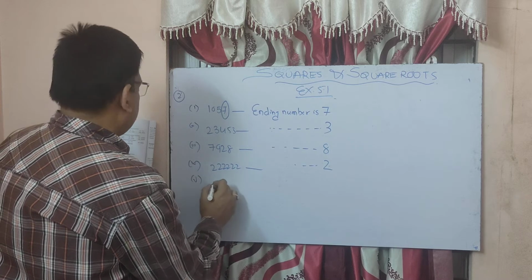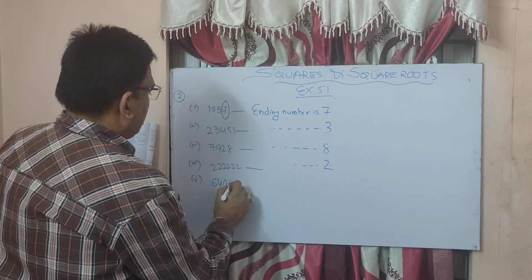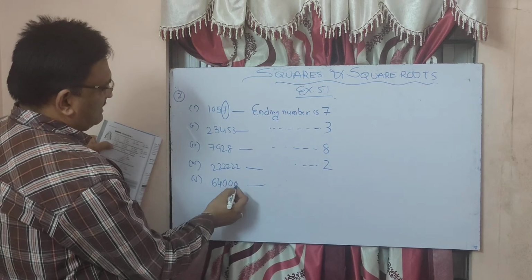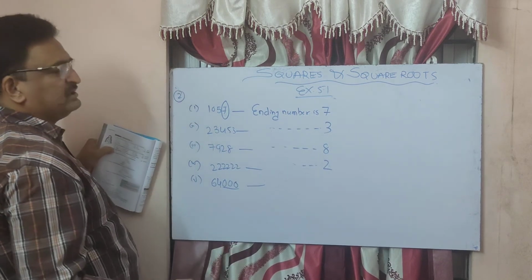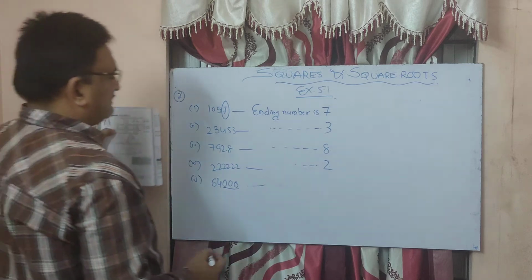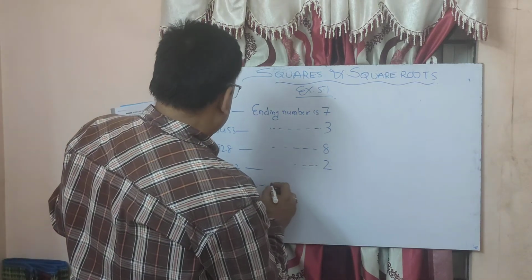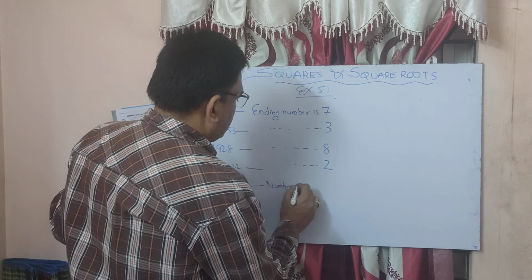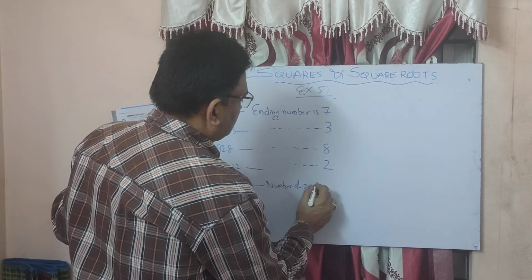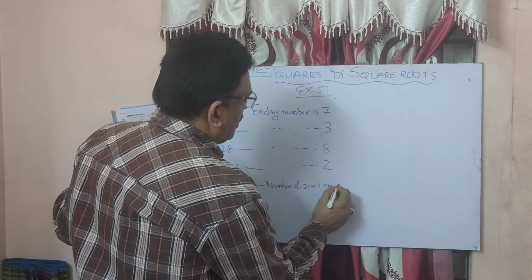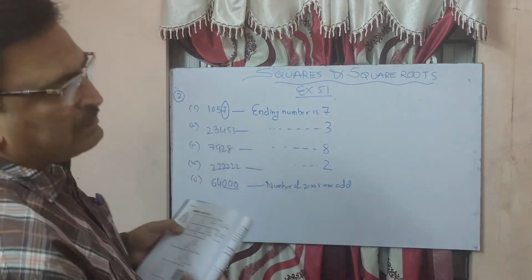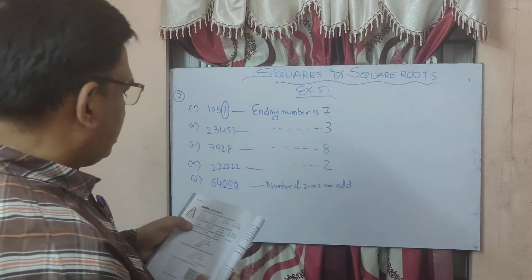Fifth one, 64,000. Now how many zeros are there? Zeros are odd. Therefore you have to write number of zeros are odd. Odd number of zeros cannot be a perfect square.